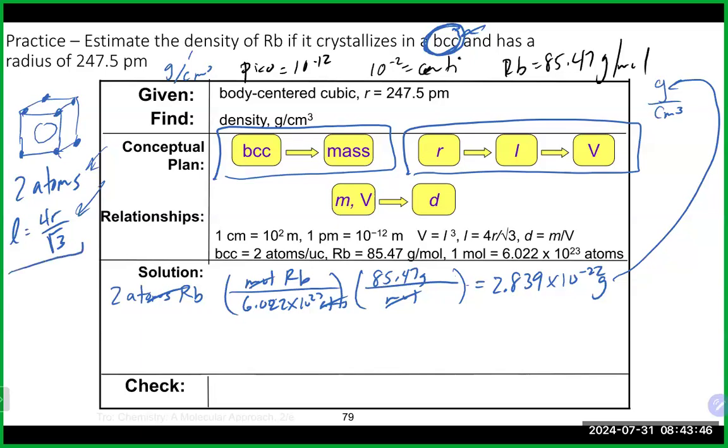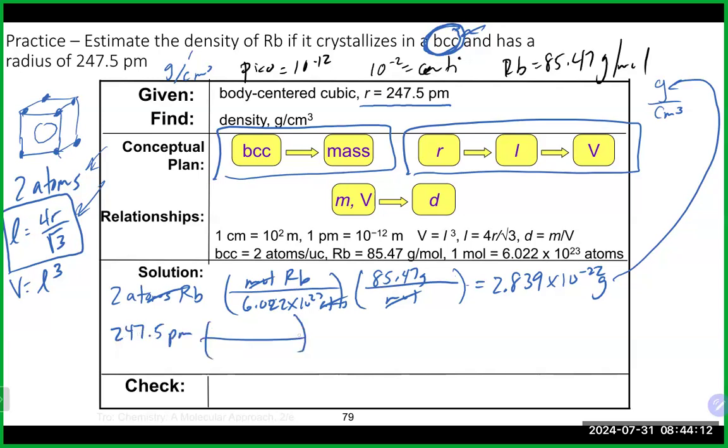We are going to use our length here to get to our volume. And again, because these are cubic cells, our volume will be length cubed. Again, I'm going to do the conversion like I did previously, just to get me in the correct units. So we'll take our 247.5 picometers.